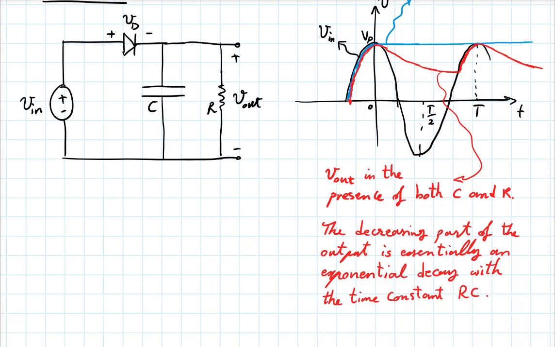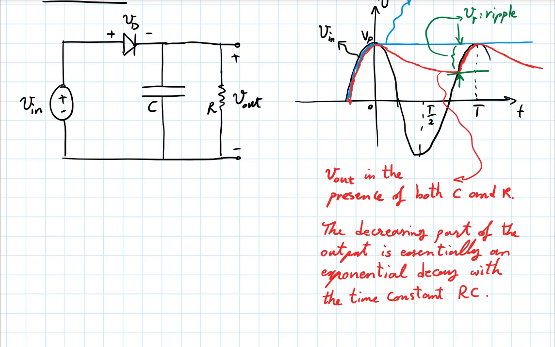Incidentally, this thing here is called the ripple voltage, between here and here. That's the ripple voltage, the amount that the output drops during each cycle.